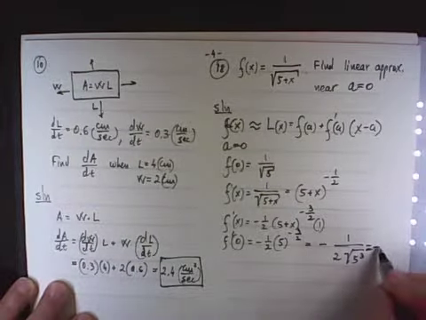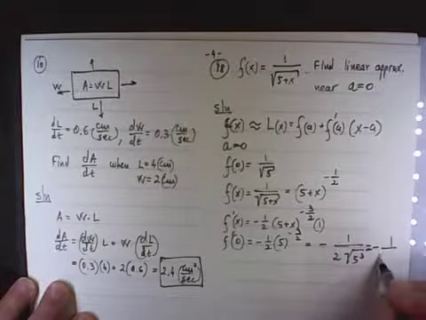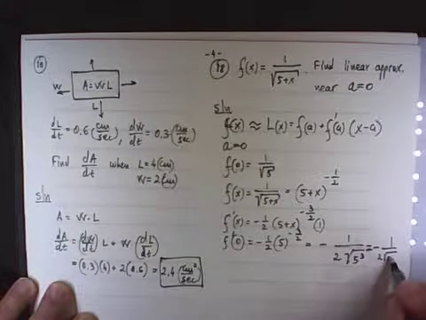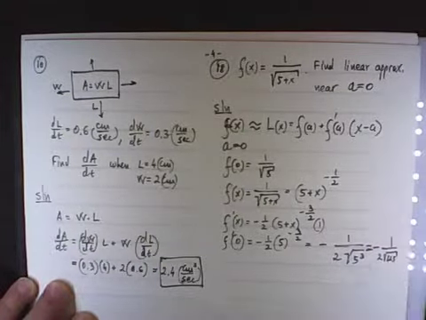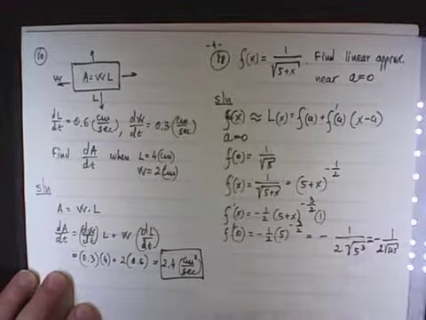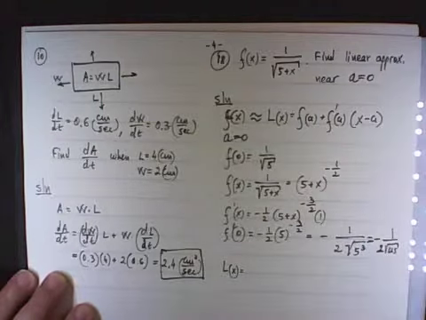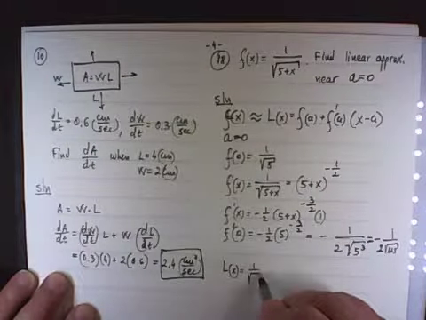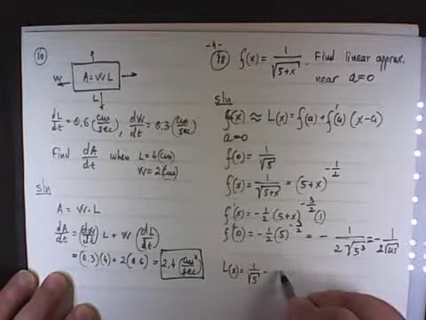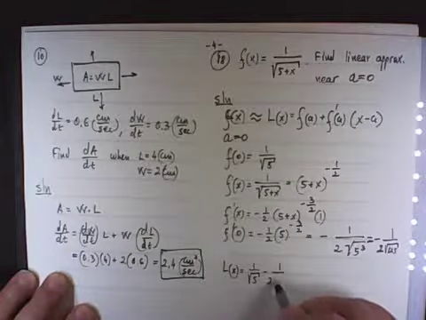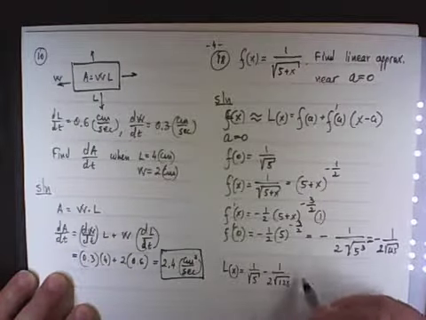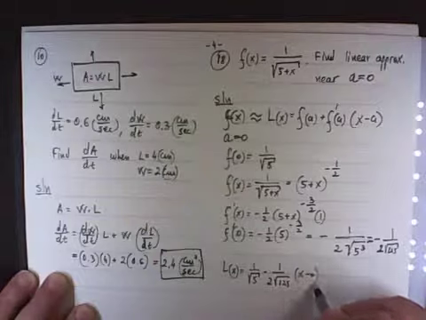So we can write it as negative 1 over 2 square root of 125. And now we're going to say that L of x will be 1 over square root of 5 minus 1 over 2 square root of 125 times x minus 0.